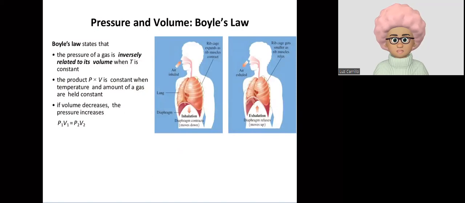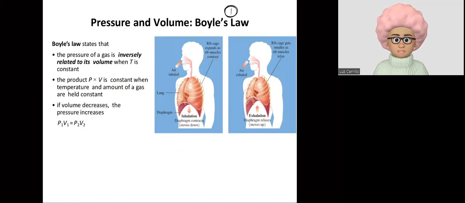So what is a gas law? A gas law is going to be a specific definition that has specific parameters that is going to describe the behavior of a gas. And the first gas law that we're going to be studying is Boyle's law.